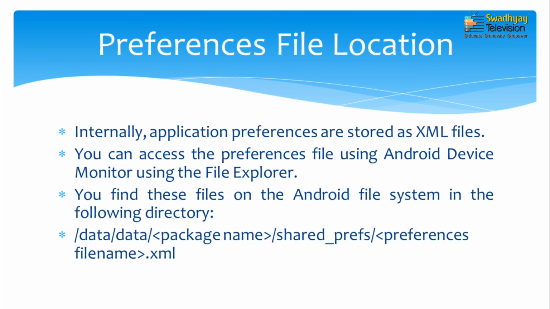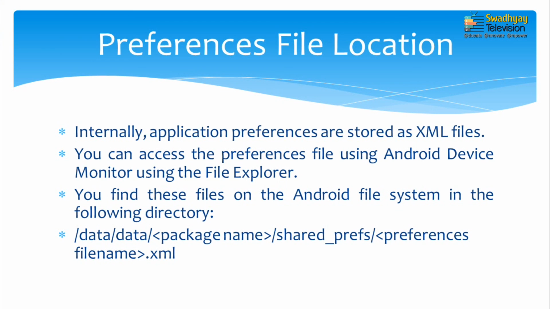Like a database file is stored in a particular path, we also have preferences stored as a file. Internally, application preferences are stored as an XML file. Now, how to get these files? You can access the preferences file using Android Device Monitor using the file explorer. When you go to file explorer, you find these files on the Android file system in a directory called data/data/your package name/shared preference, and whatever name you specify in the get shared preference method will be stored as a file name and its extension is XML.